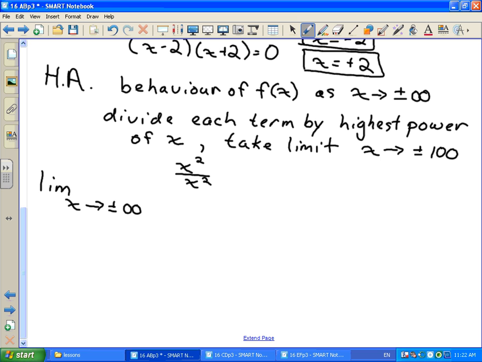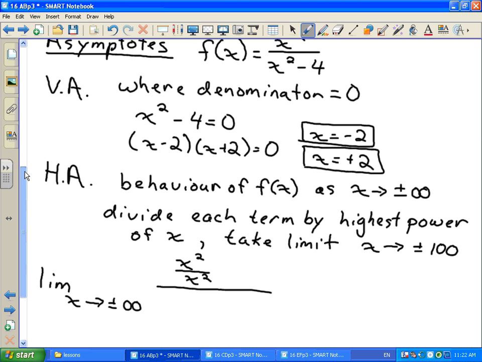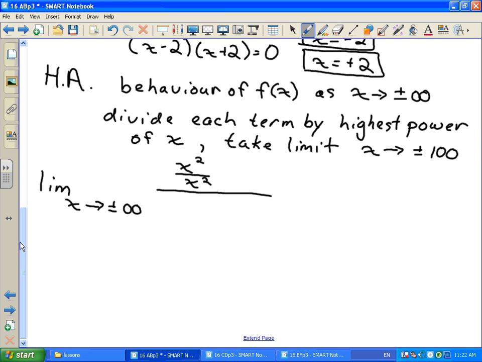In the denominator, we divide each of the two terms by x squared as well: x squared over x squared, and 4 over x squared. Then we can simplify this.